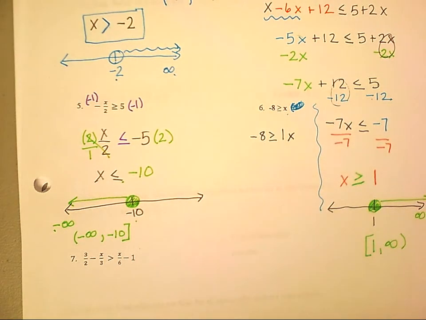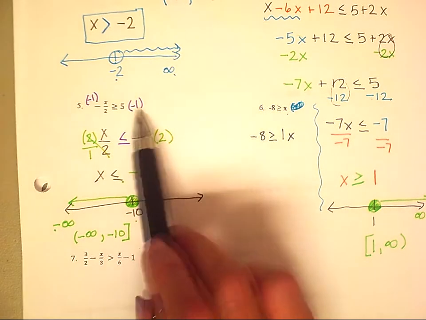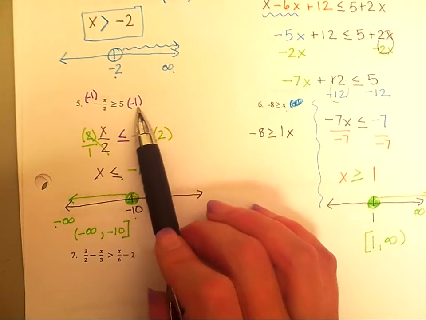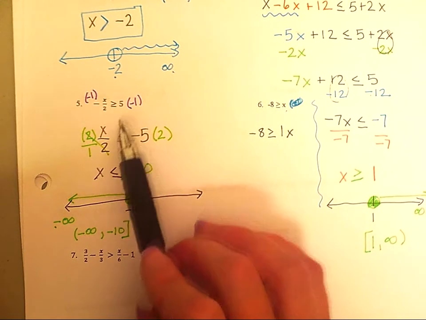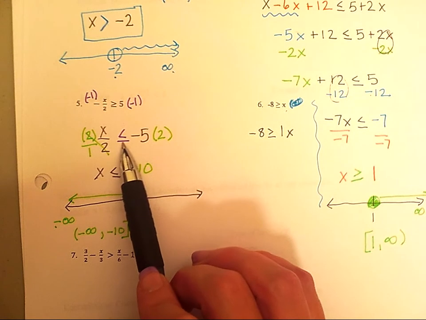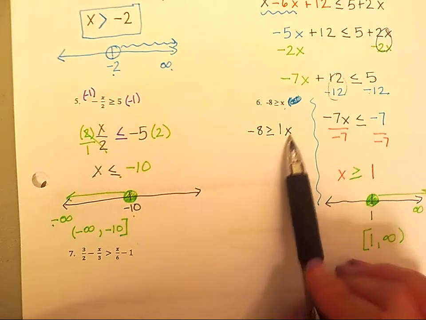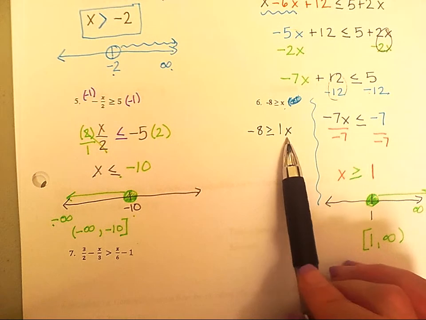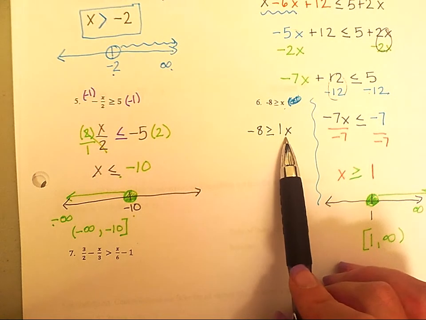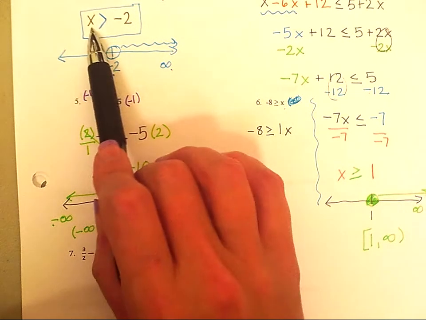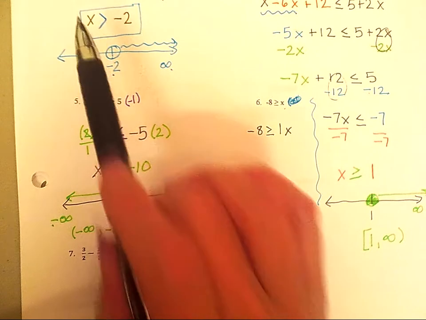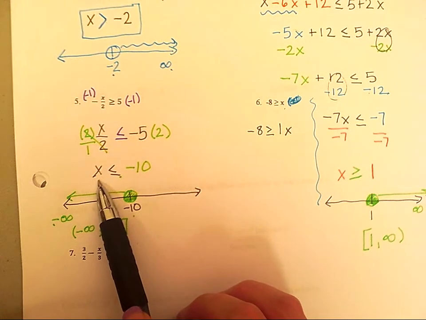Now, what I'm about to do is different than what I've done here. Here I multiplied by a negative 1, so I flipped the inequality symbol. Now the thing is, x is already positive here. But I prefer, when I'm reading inequalities, that I have the variable on the left-hand side.